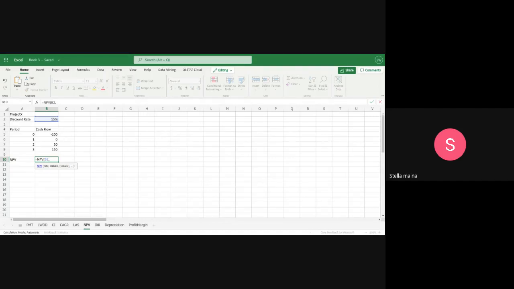I'm just going to start from B6 because that's where my first positive value is, which doesn't have a negative. So from B6 up to B8, and then close my bracket and then say plus B5.